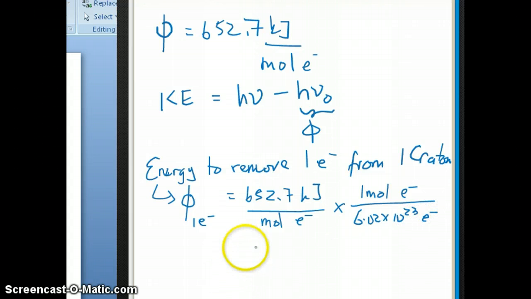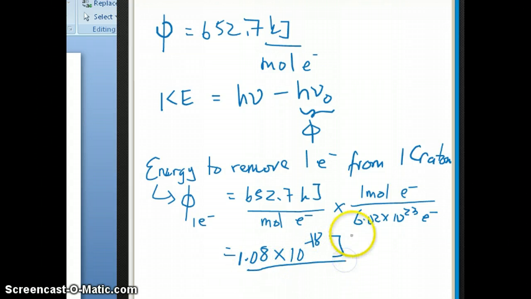So that would be your answer there. I'm going to give my answer in joules instead of kilojoules, so I'm going to convert everything to joules. If you run this on the calculator, you get 1.08 times 10 to the minus 18 joules per electron. So remember that this is the work function per electron.